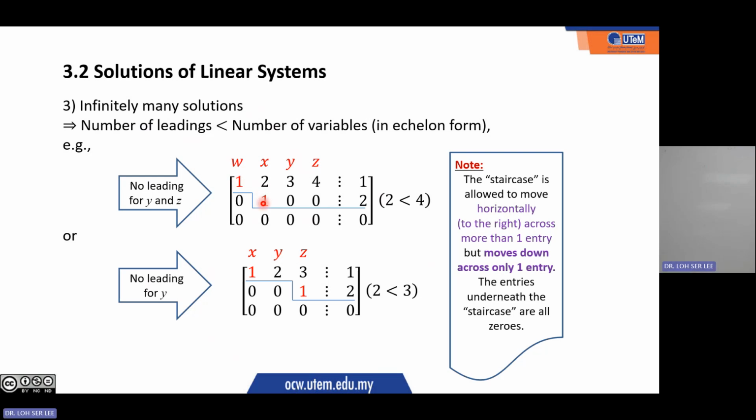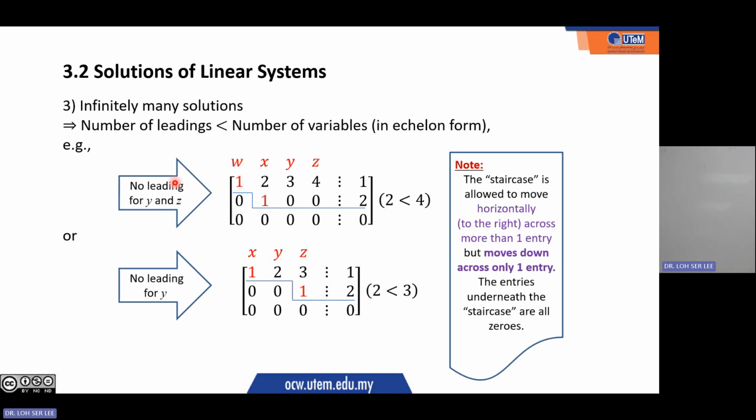Remember this: each row has only 1 pivot. Second row, you have only 1 pivot. So that means this linear system gives infinitely many solutions. We say that there is no leading for y and z. w has a leading, or pivot.